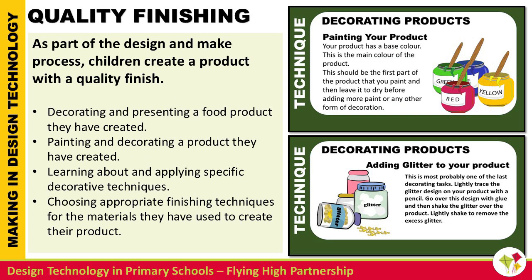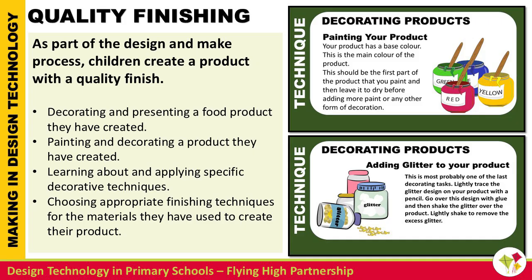Whilst children are making their product, they should be encouraged to make it the best that they can. This helps to reinforce the iterative nature of continuous improvement in design technology. Towards the end of the project, as the product nears completion, it provides an opportunity for children to learn a range of different techniques that can be applied to make a quality finished product.